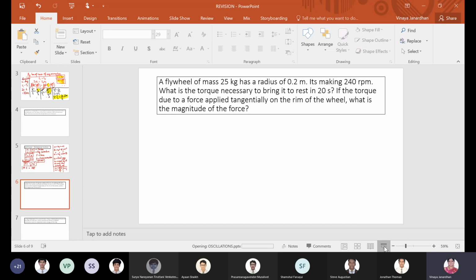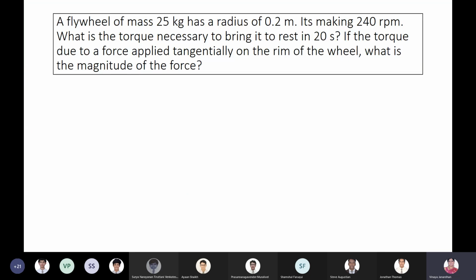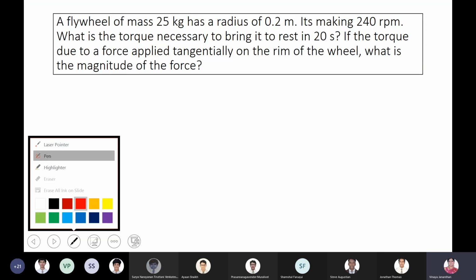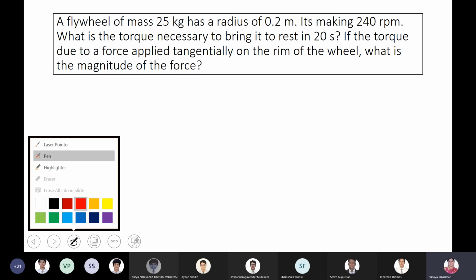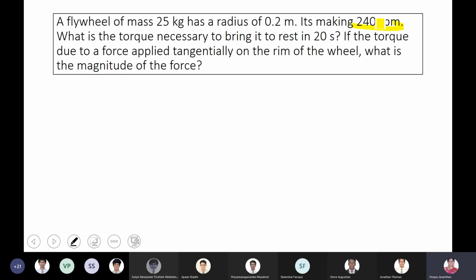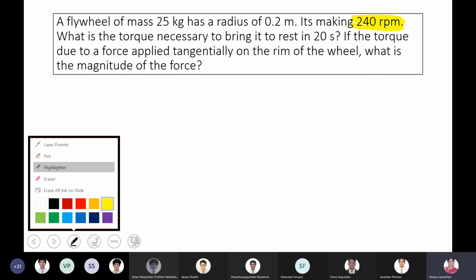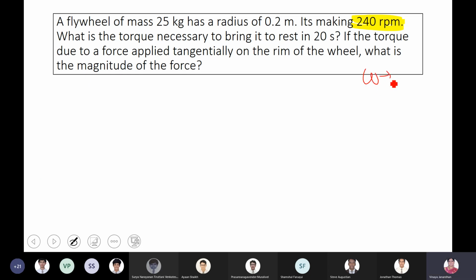A flywheel of mass 25 kilogram has a radius of 0.2 meter. It makes 240 rotations per minute. Omega is measured in radians per second.